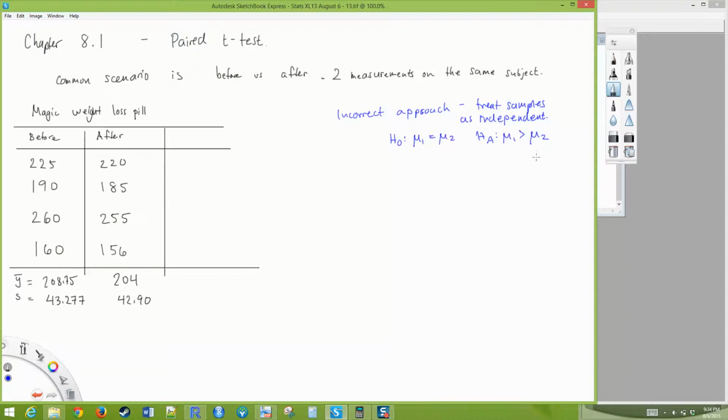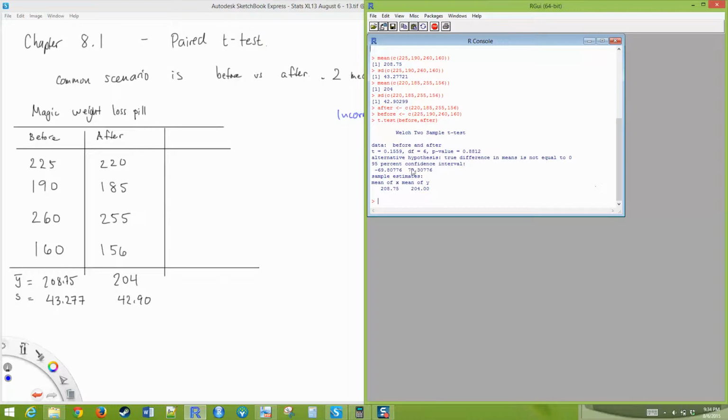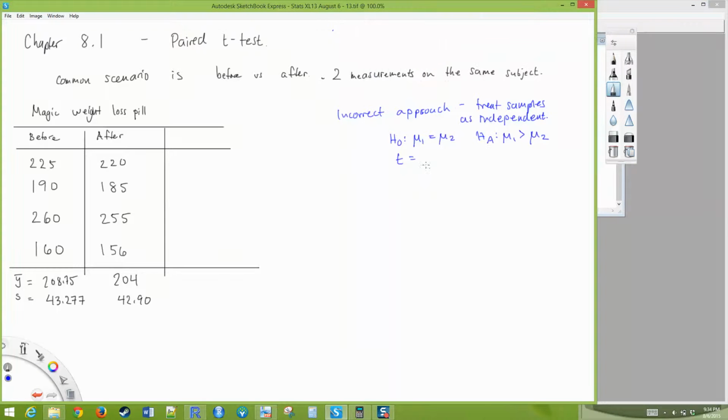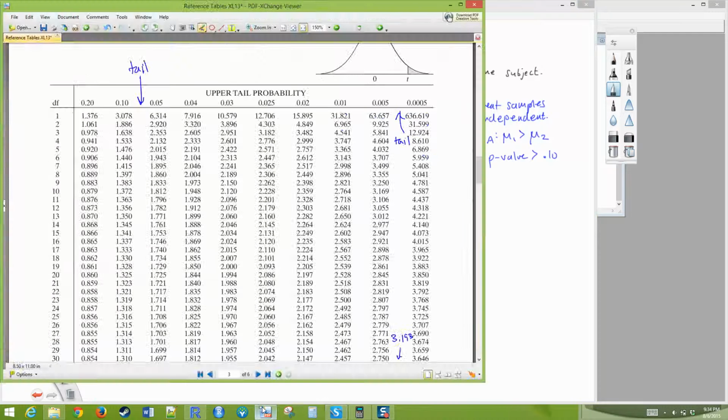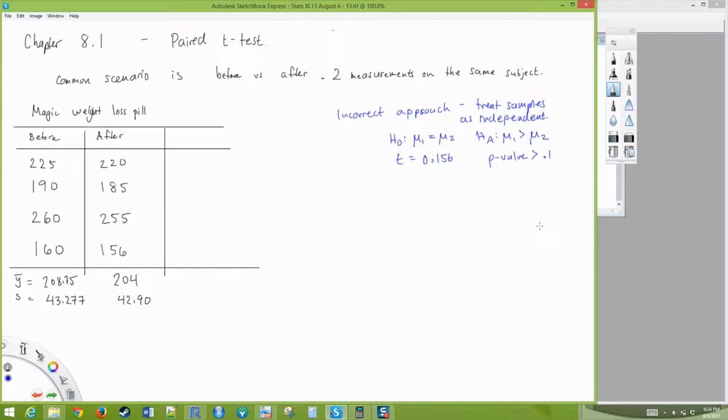It's one-sided because we want to know if afterwards they lost weight. If we do this, our test statistic t would end up something like 0.156, and we would get a p-value greater than 20%, what's in our table. That's not what we want.